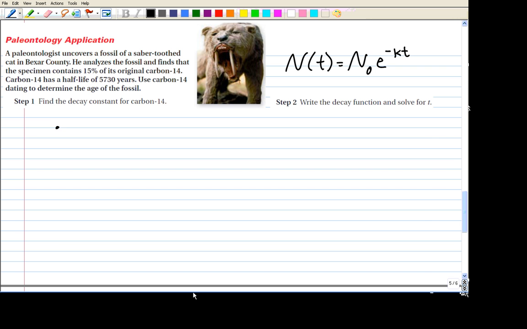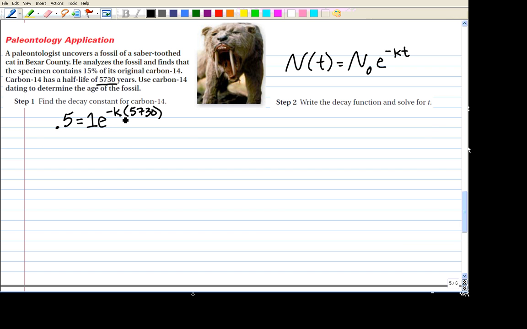So if we had 100%, here's 50%. Then we'll have e, we're looking for k, and the problem told us that the half-life was 5,730 years.